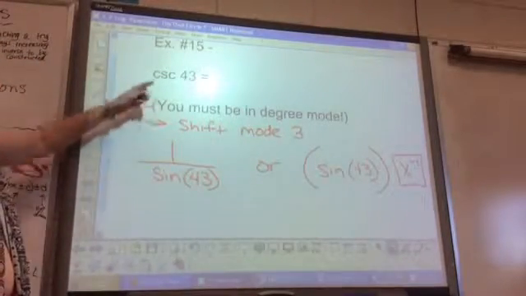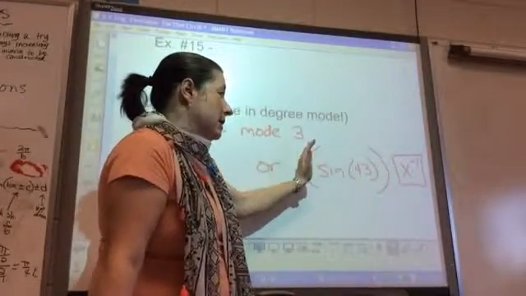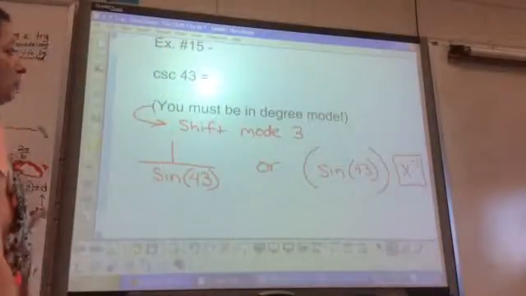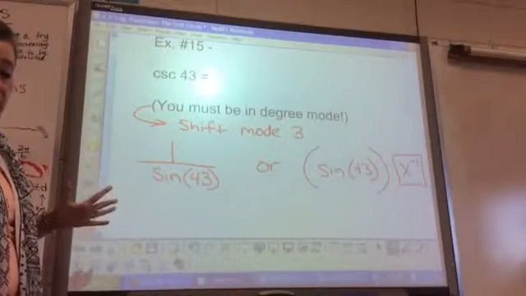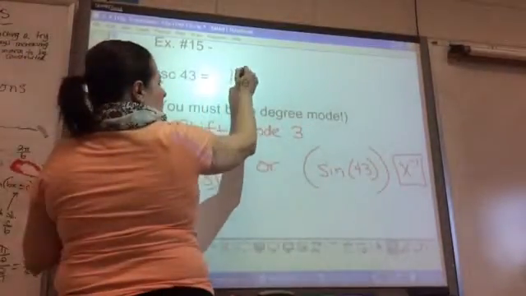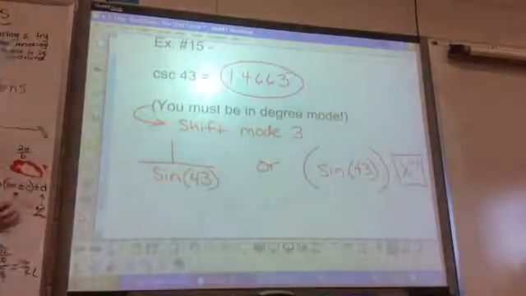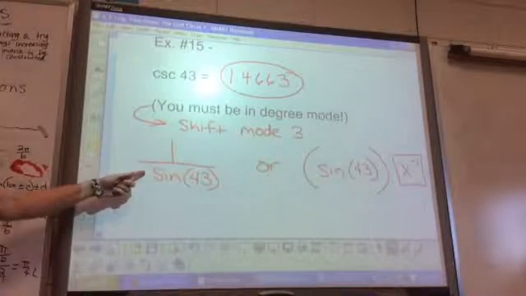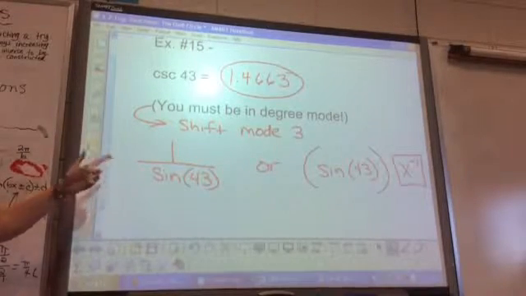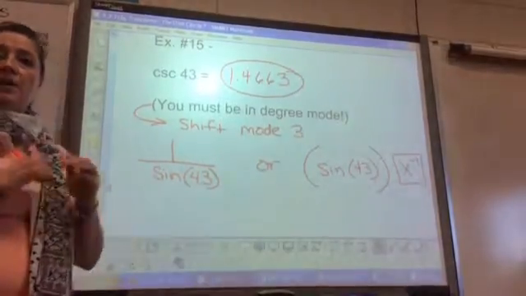So here's your options. 1 over it, or sine of whatever. It's got to be in parentheses, and then hit that x to the -1 button. Either way, they do the same thing. But you got to know it's sine, so we got to watch those. All right, and you should have got 1.4663. So make sure that's good. I tend to lean towards this one. Yeah, that one's good. It's a little easier for my eyes and my brain to remember, but they both work.